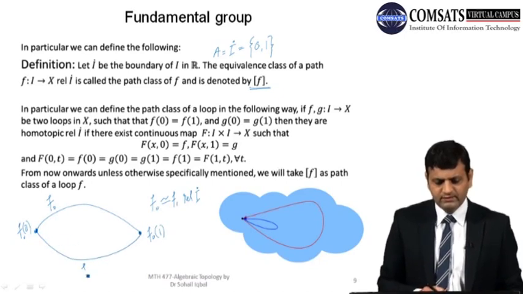So this is the function f1. So we are continuously deforming from f naught to f1. These are the intermediate functions, but the point is for each and every value of t, these endpoints are fixed.